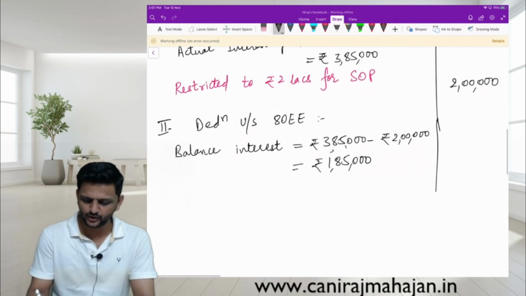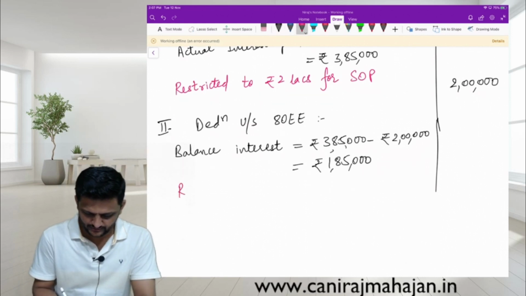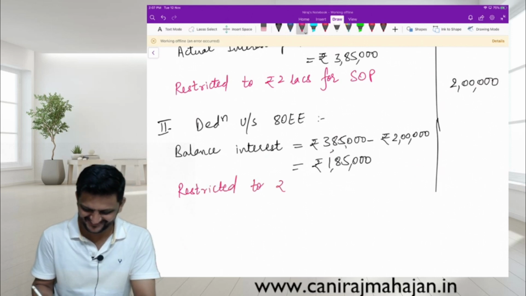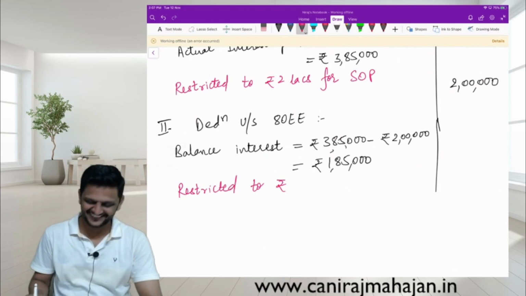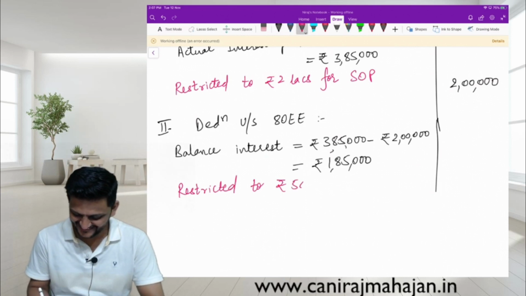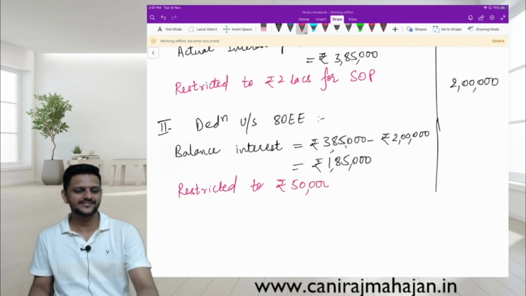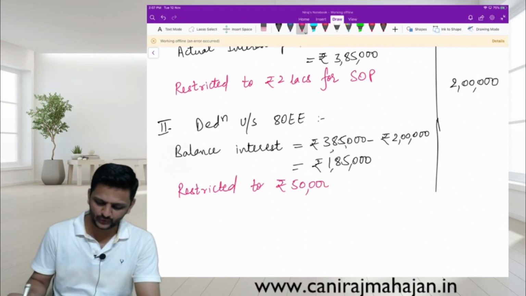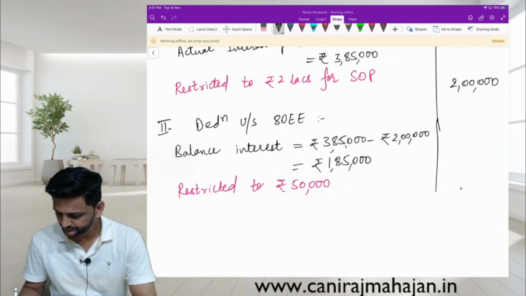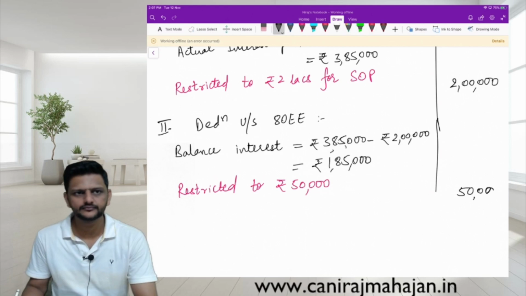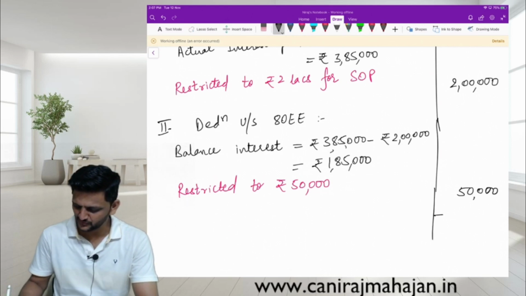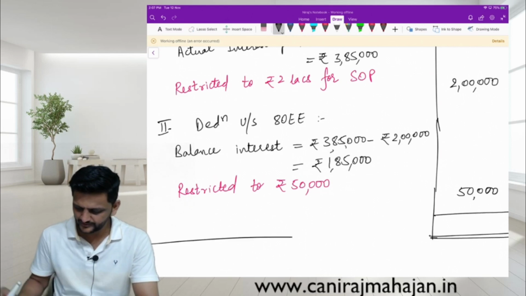Restricted to rupees 50,000. Okay. So outer column 50,000.